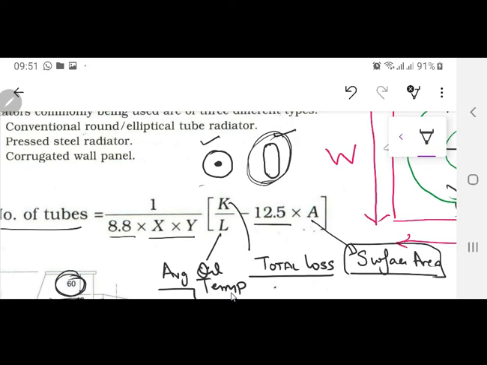Now, when you have K divided by L minus 12.5 into A, this factor over here which I am encircling will give me the total area that is required for the tubes. Okay? Again, listen, this encircled one, K divided by L minus 12.5 into A, is going to tell me the surface area of the tubes required.